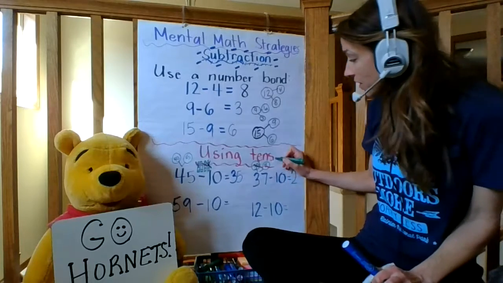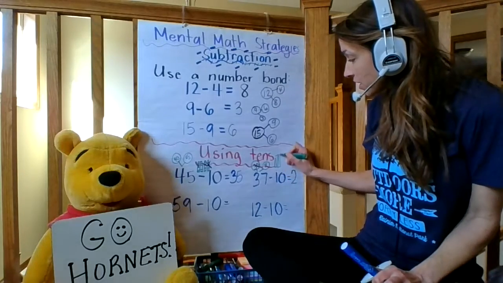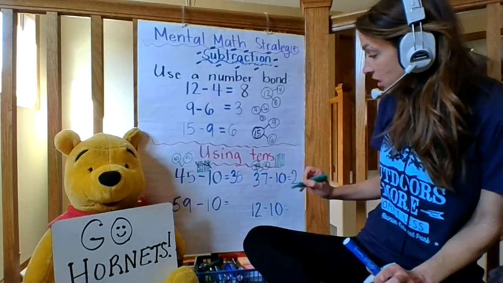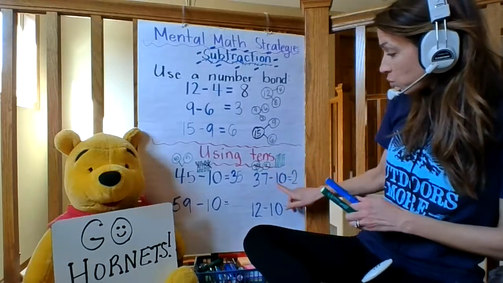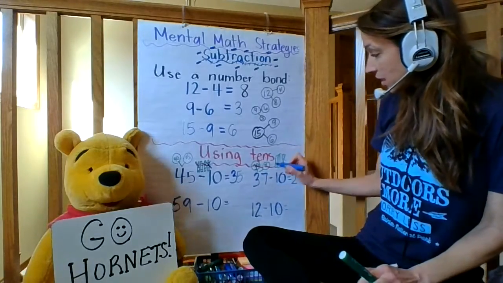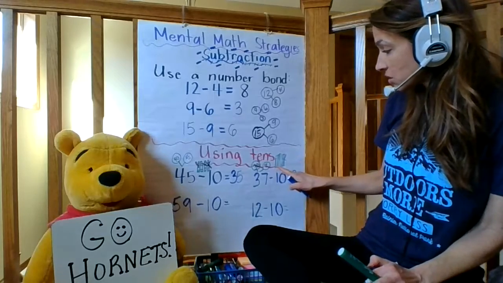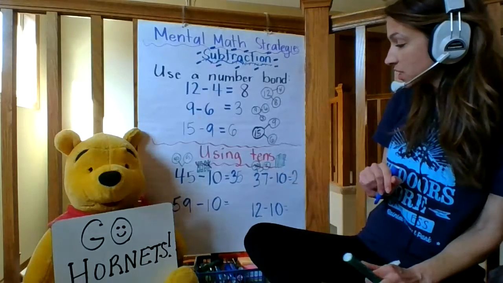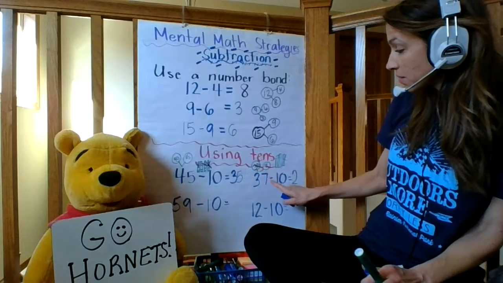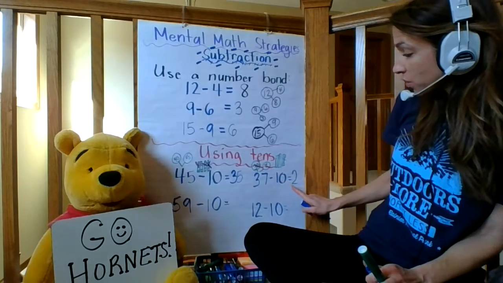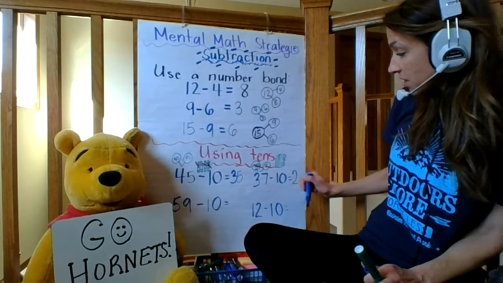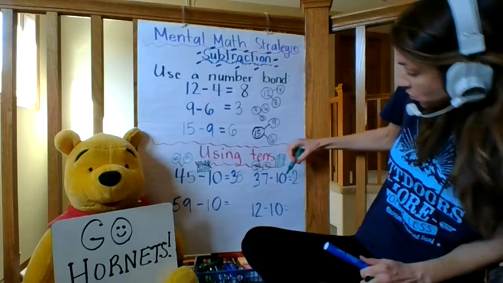And again, you could draw that out too to help you. 3 tens, because that's 30, and I'm taking away one of those tens, and I'm left with 2 tens, 20. So I'm putting a 2 in the tens place. 37 minus 10 equals 27, because I'm left with my 7 ones still.